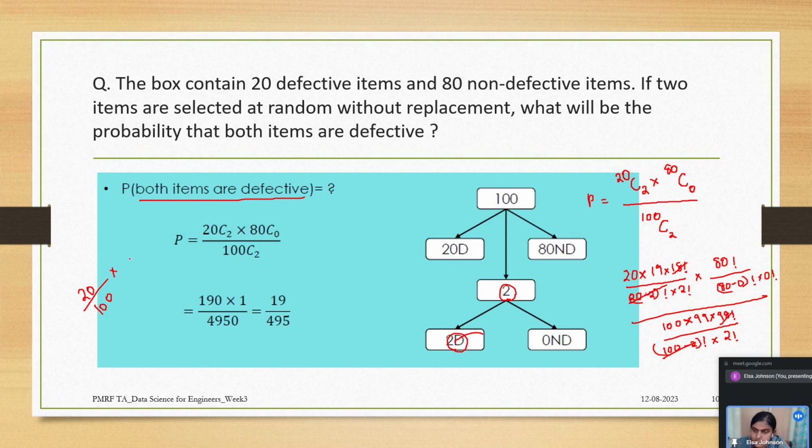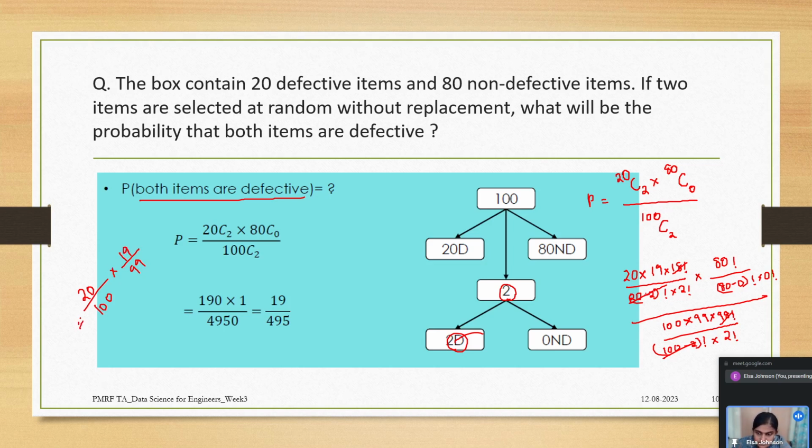And in the second pickup, first one object is selected and then another object is selected. When the first is selected, the probability will be this one, and after taking one out, the total number will be 99 and the next one will be 19. So that is what Jason has told.